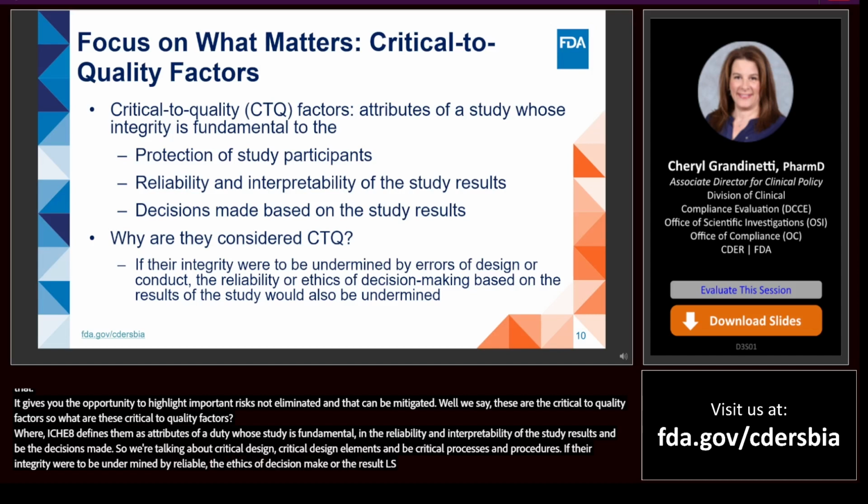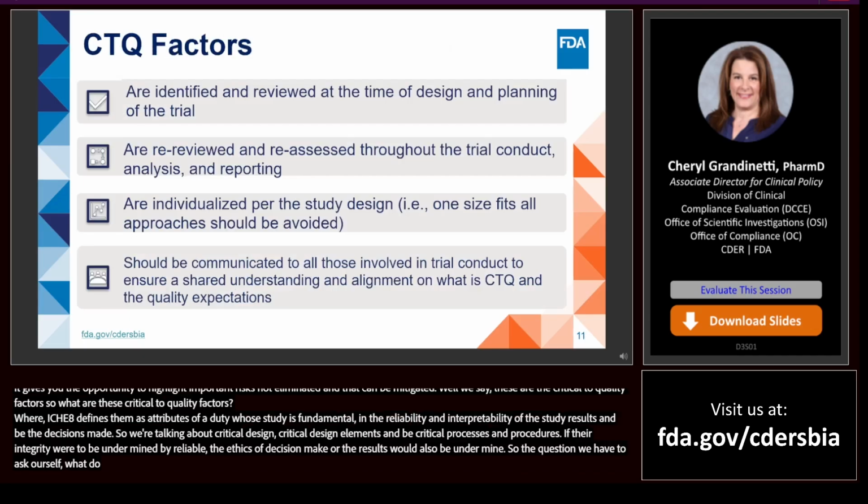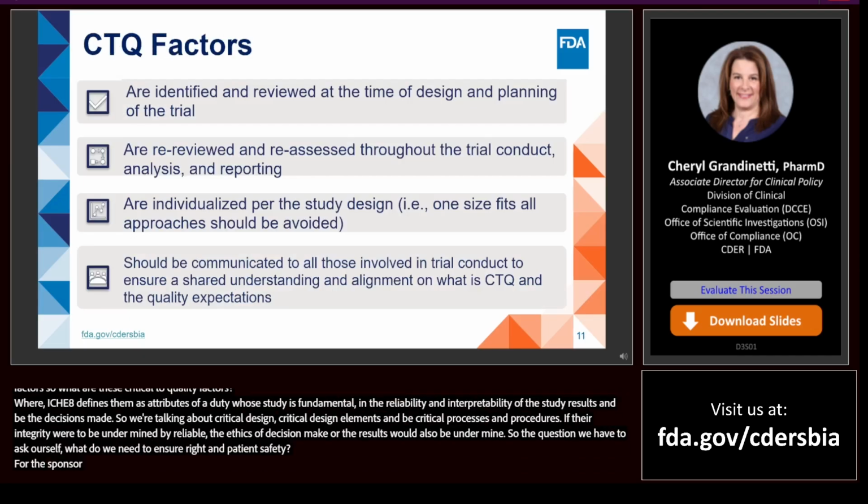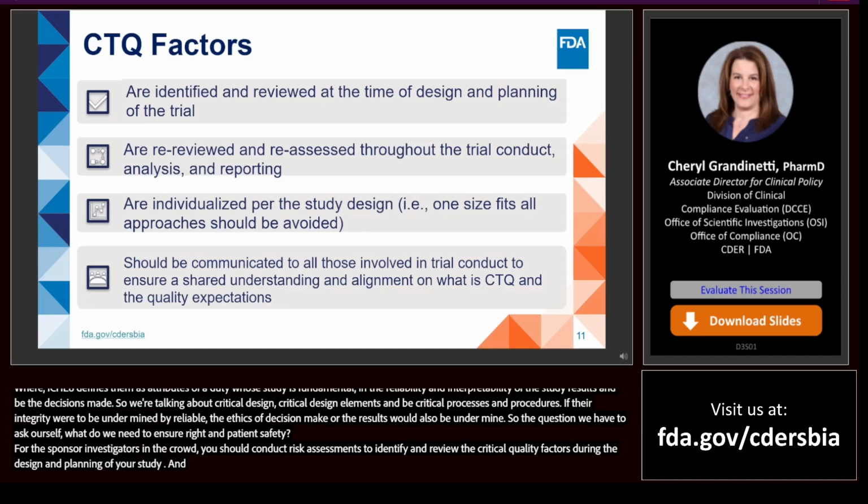So really, in simple terms, the question we need to ask ourselves is, what do we really need to get right to ensure the reliability of results and patient safety? So for those sponsor investigators in the crowd, you should conduct risk assessments to identify and review the critical to quality factors during the design and planning of your study, and then re-review and reassess them throughout study conduct, analysis, and reporting.